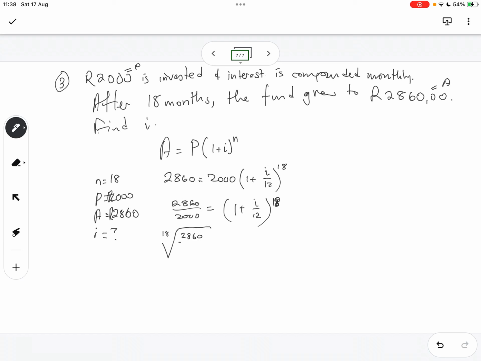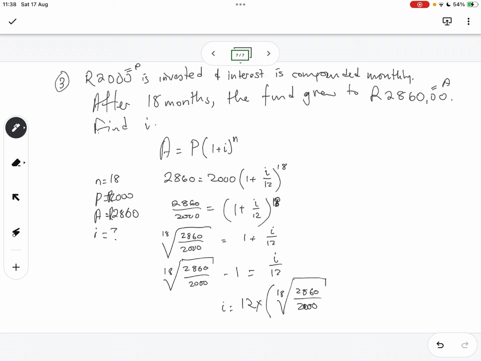Okay. So that means the 18th root of 2,860 over 2,000 will equal 1 plus i divided by 12, and the 18th root of 2,860 over 2,000 minus 1 equals i divided by 12, and all of this times 12. So 12 times the 18th root of 2,860 over 2,000, minus 1.